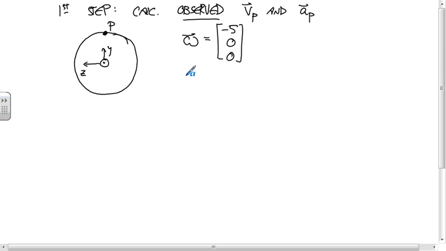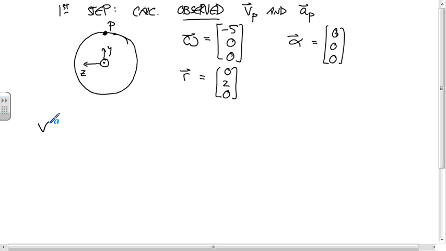The r vector goes from the center of the rotation to P, so it's 0, 2, 0. We're talking about constant angular velocities, so alpha is zero, just to simplify the calculations, but it wouldn't make it conceptually any harder if there was alpha.